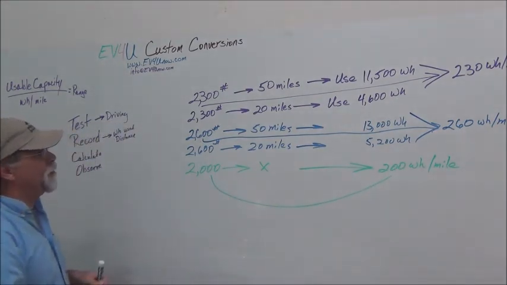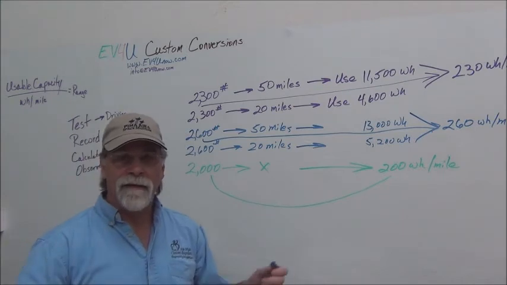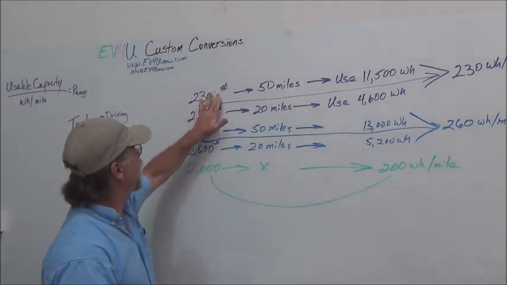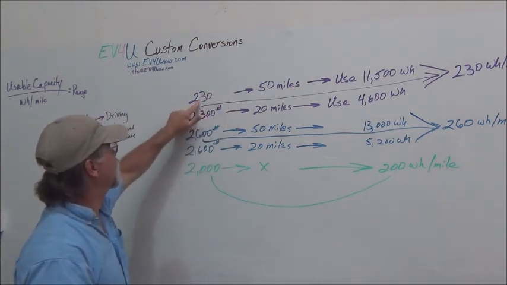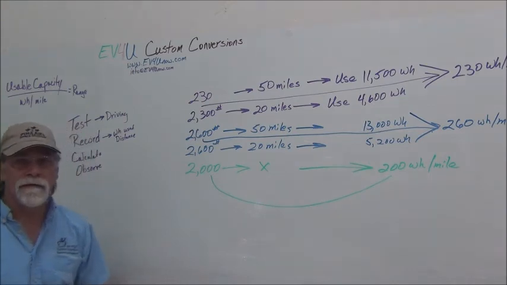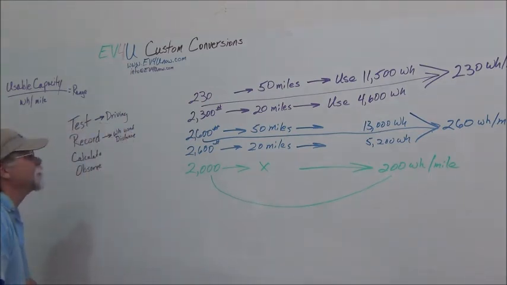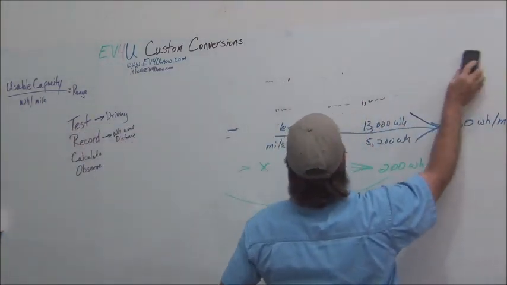So you want to know how many watt hours per mile that any vehicle was going to use? We divided by 10. There we have it. So the final formula then can be filled in.